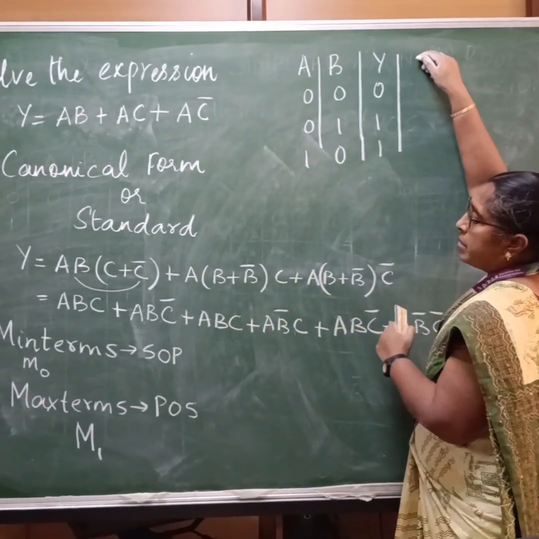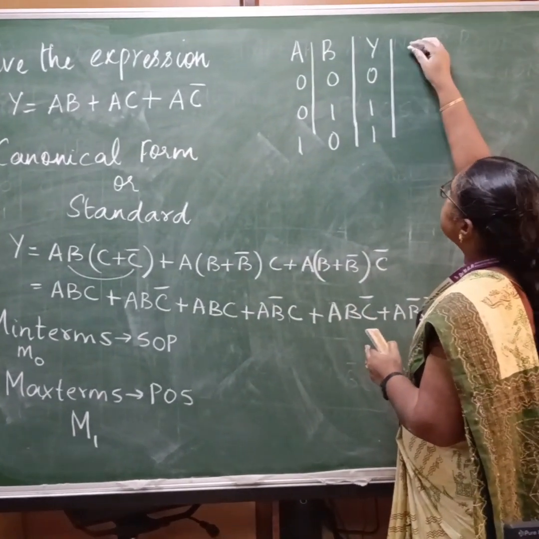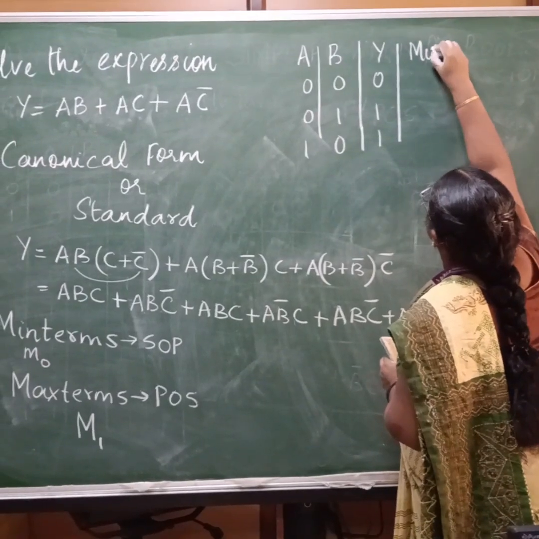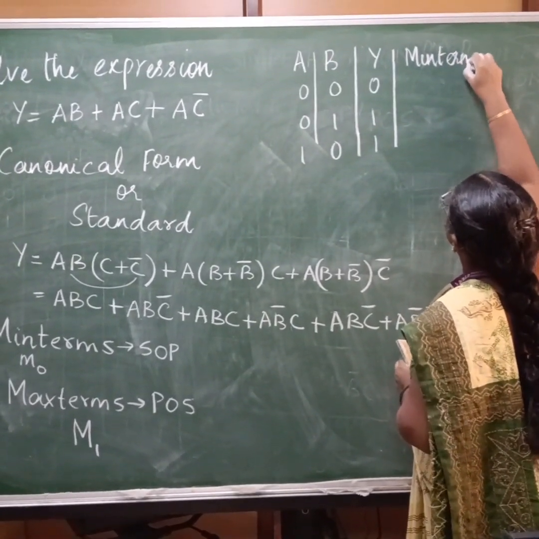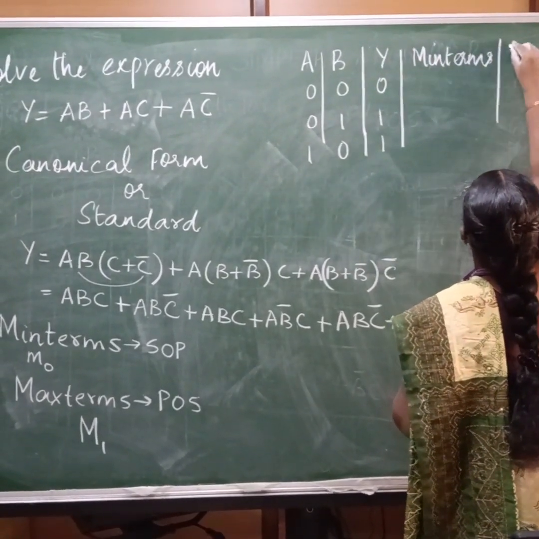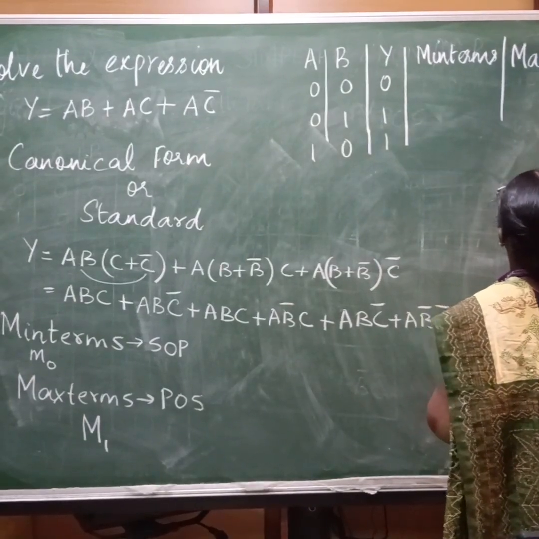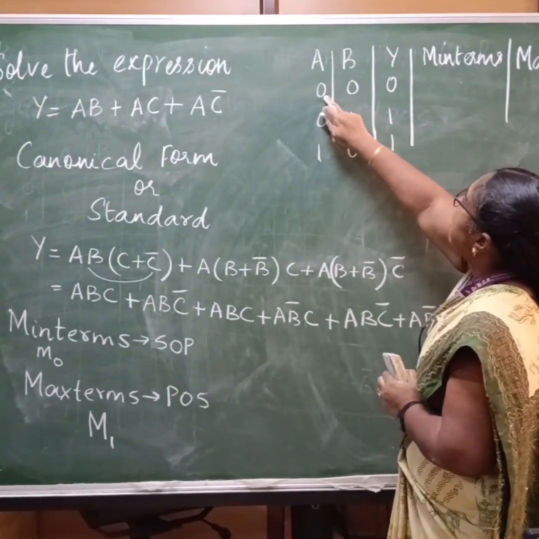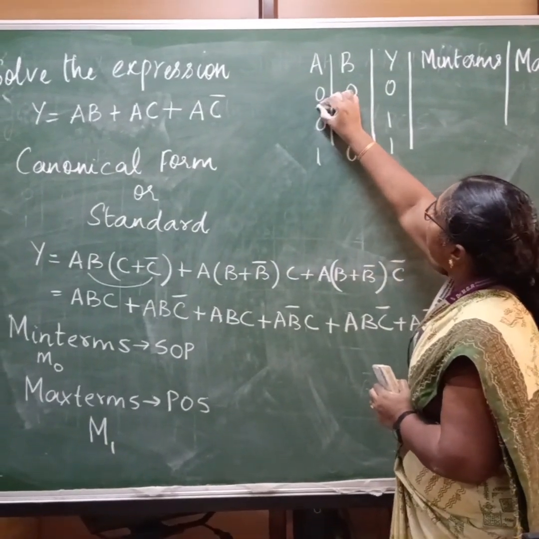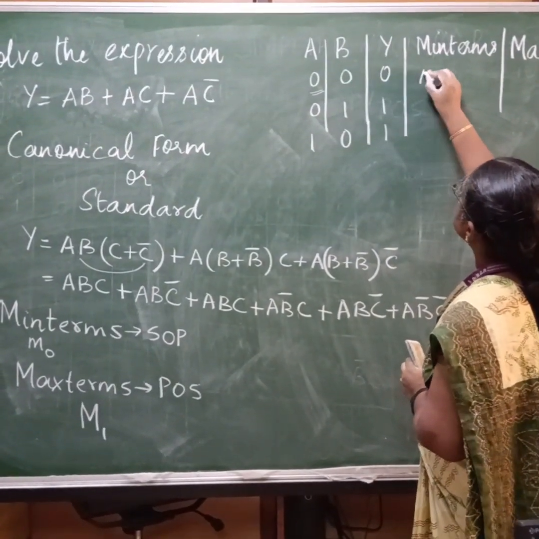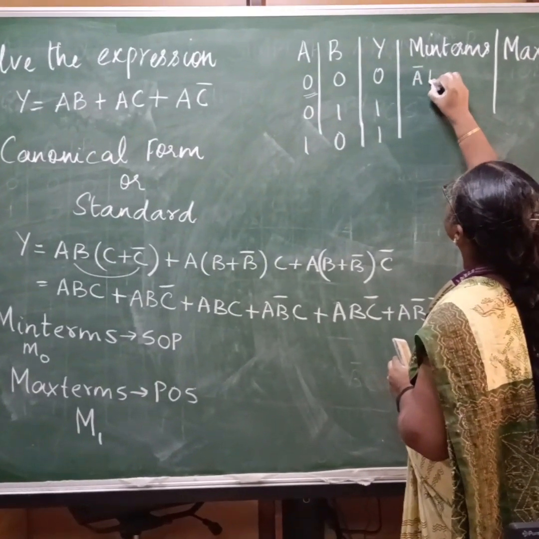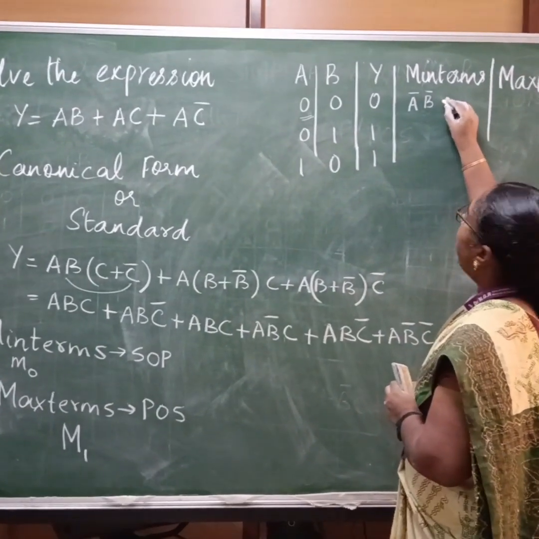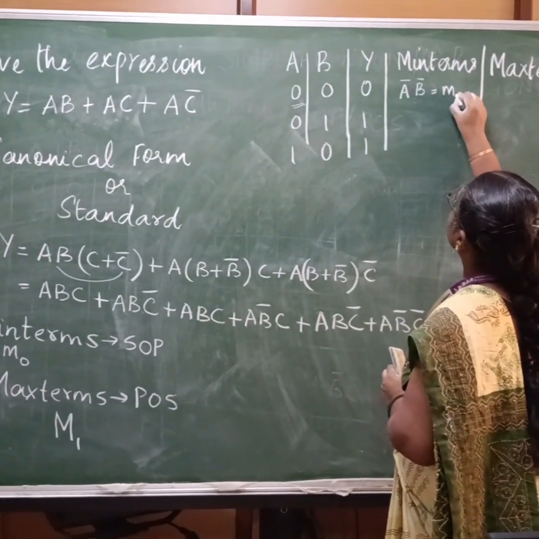And how we are going to represent in your min terms and max terms is, in case of your SOP, 0 0 is represented as A bar B bar, which is m0.